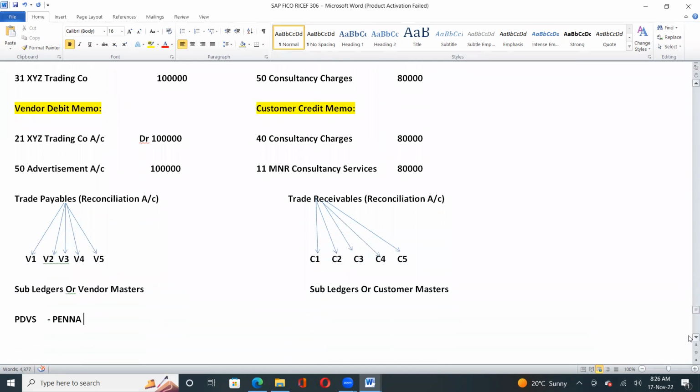I'll share this document now, so you just check it out. For this one, Penna, our group, PDVS, Penna domestic vendors. The number ranges for the AP/AR module, whatever it is, are at client level, so remember that.